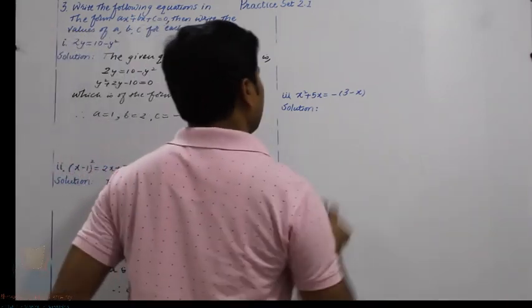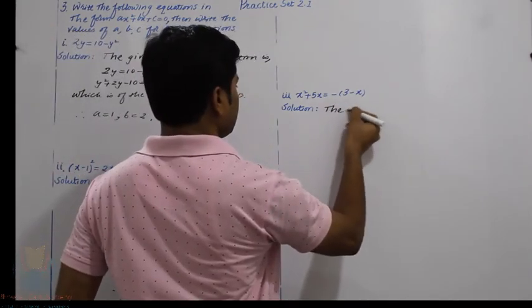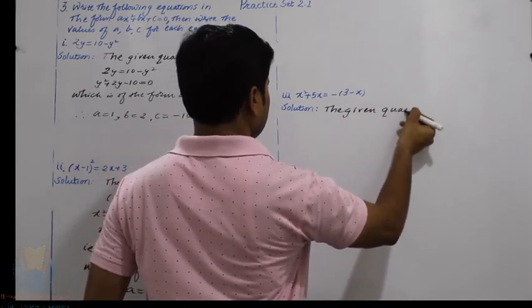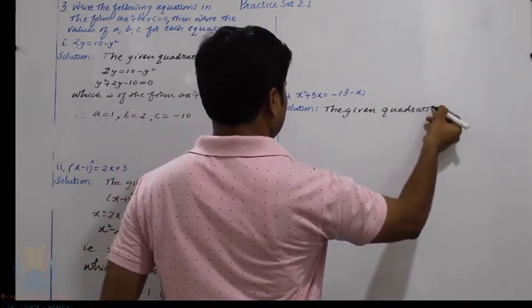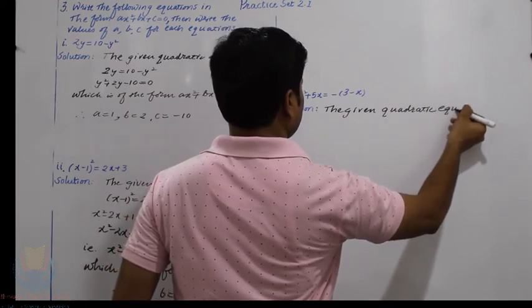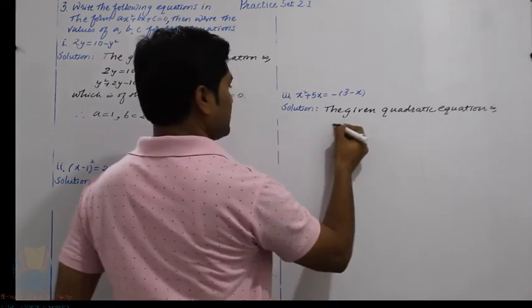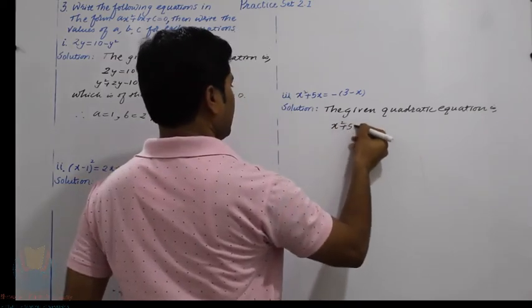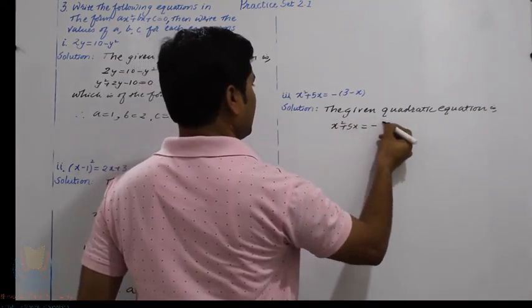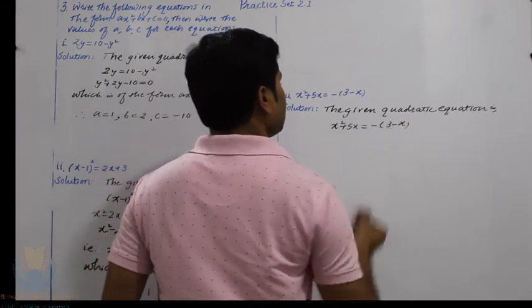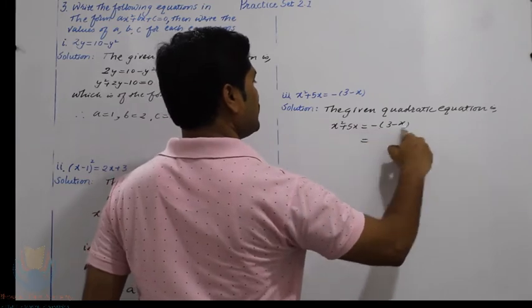So let's continue with the third one. And this equation is x square plus 5x is equal to minus 3 minus (3 minus x). So let's multiply this minus sign to each term of the bracket.